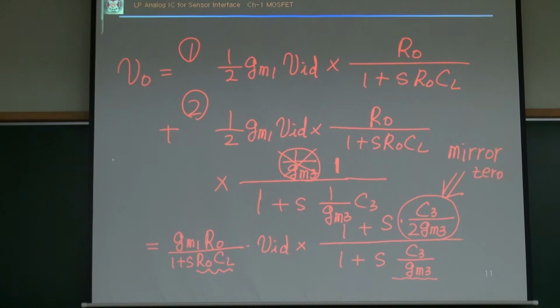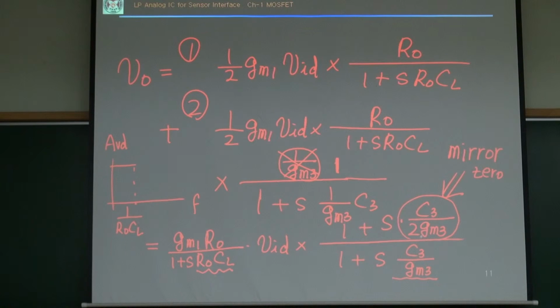So my frequency response AVD will look like, say, this is the dominant pole. This is a Bode plot. 1 over RO CL here. And then I have some, which comes first? This comes first or that comes first? Let us see. This is 1, right? 2 plus something.